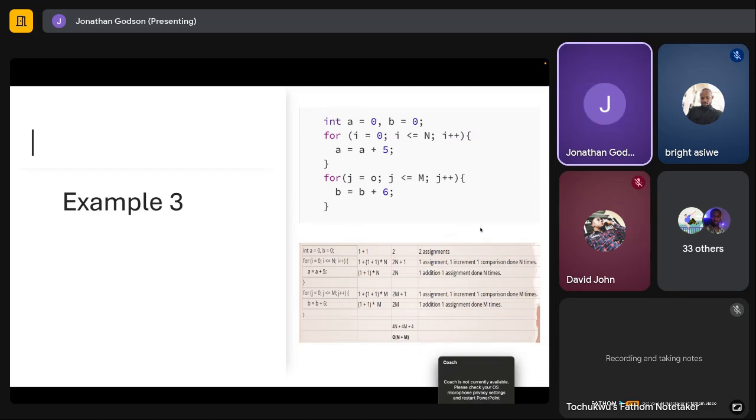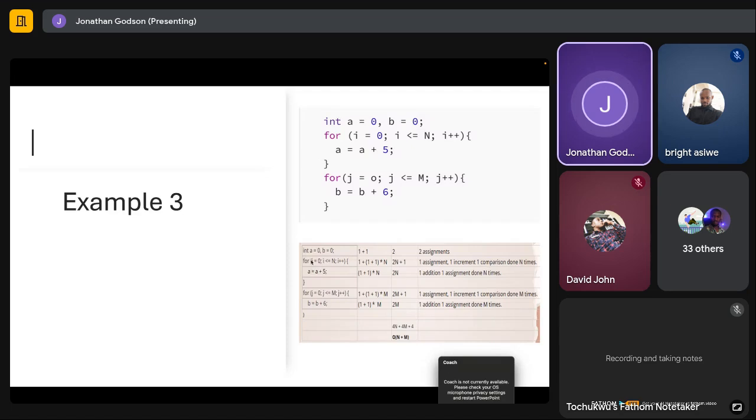Okay, so looking at this example, we have two for statements with two different input sizes. Let's say this algorithm is accepting m and n. If you look at the approach we have been using right from the start of this session, this is an assignment here, two assignments, one gives us 2.